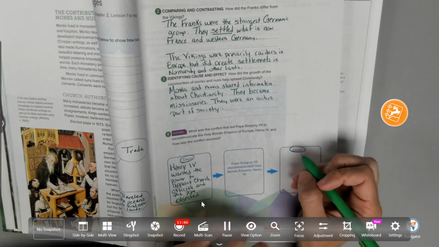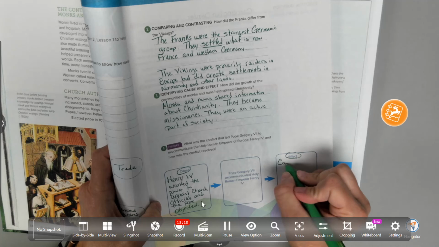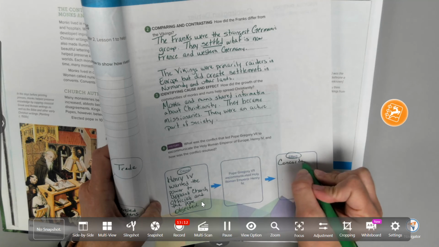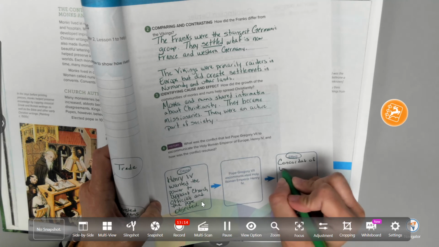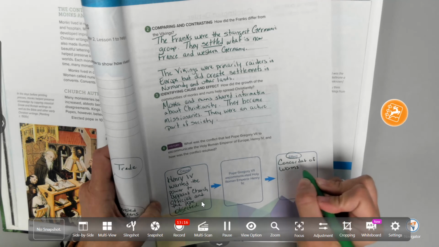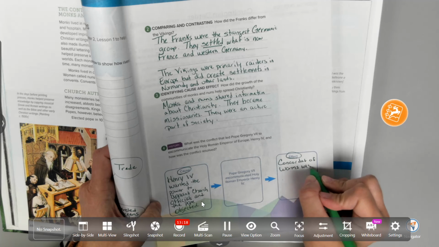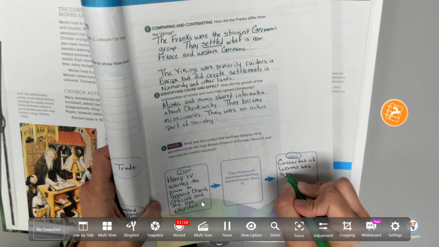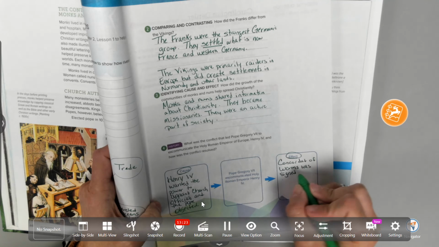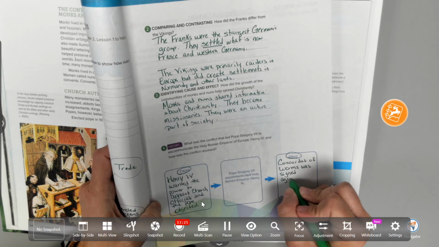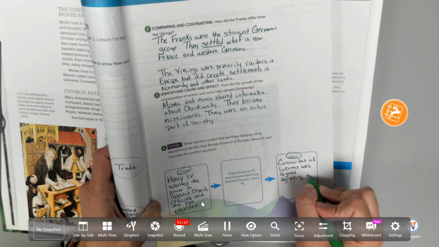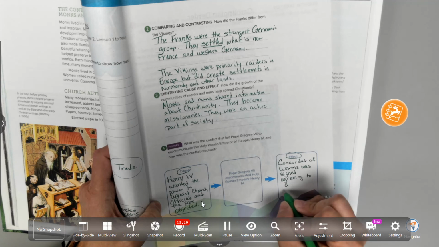Well, we know that the Concordat of Worms was signed, agreeing to a compromise.